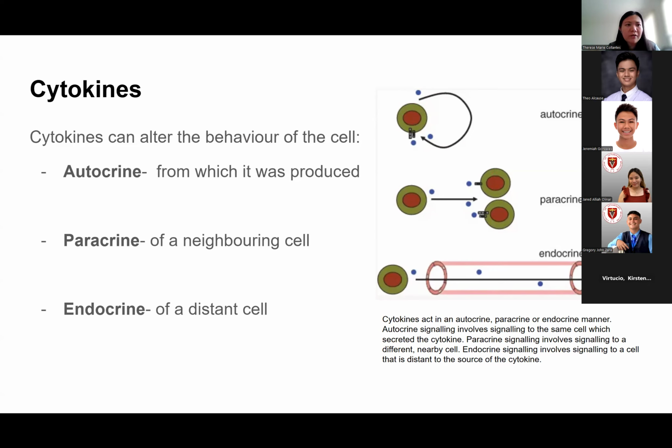And then we have the last, which is endocrine. Endocrine means that there is transport of the cytokine molecules from one particular location to another, and it is distant. So it has to travel through, let's say, the circulatory system for this cytokine to have an effect.